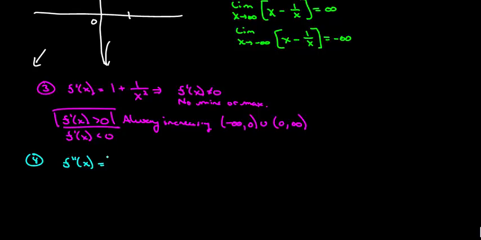Okay, so let's just check here. The derivative of that is negative 2 over x to the third. And this is clearly never equal to 0. So since this is never equal to 0, we have no inflection points.